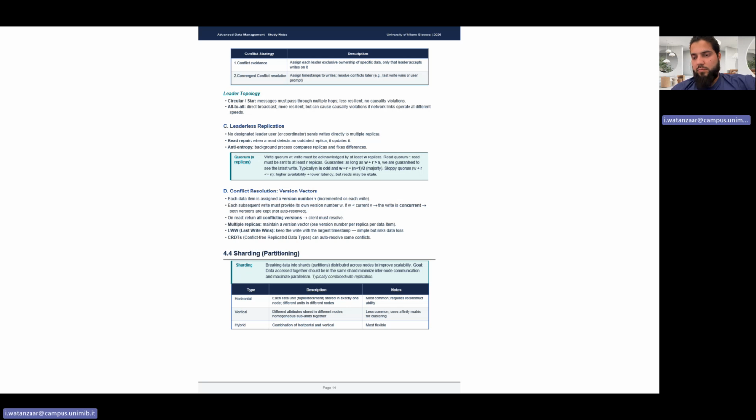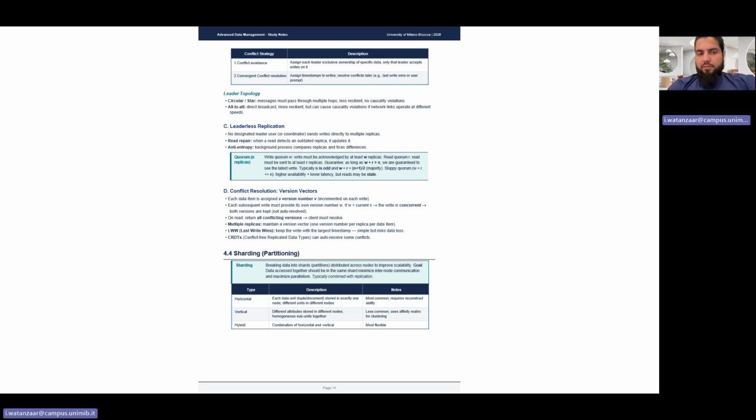But a single shard or partition can also be replicated on multiple nodes. That's why replication comes into the picture again, and sharding is combined with replication.